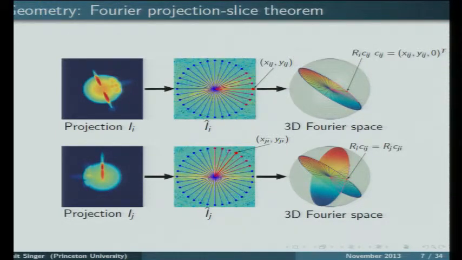This is called the common line of intersection. This means that in the 2D Fourier space, there is one radial line in the Fourier transform of image I, and one radial line in image J, such that the values of the 2D Fourier transform agree on that line.